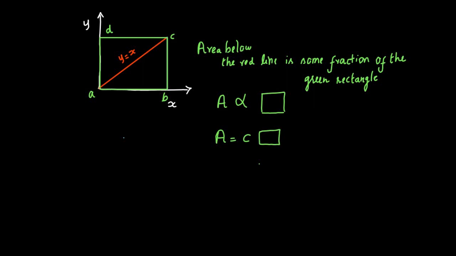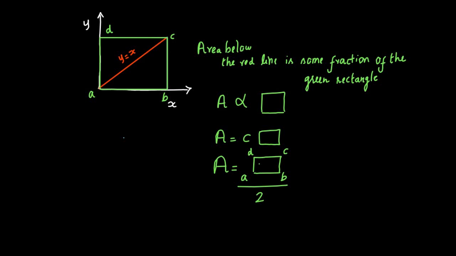Now I can say the area below the red line is the area of the rectangle ABCD over 2. In other words, it's half the area of the rectangle. There is no secret at all.